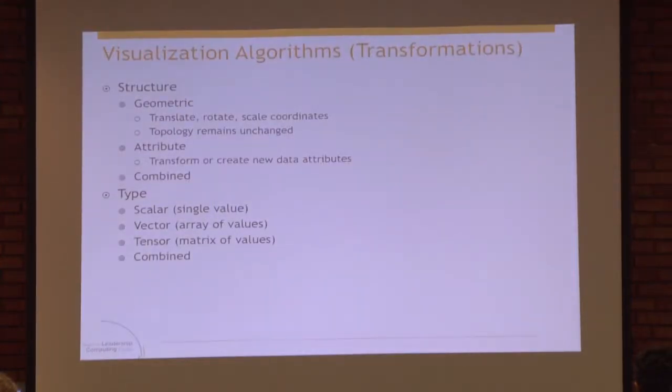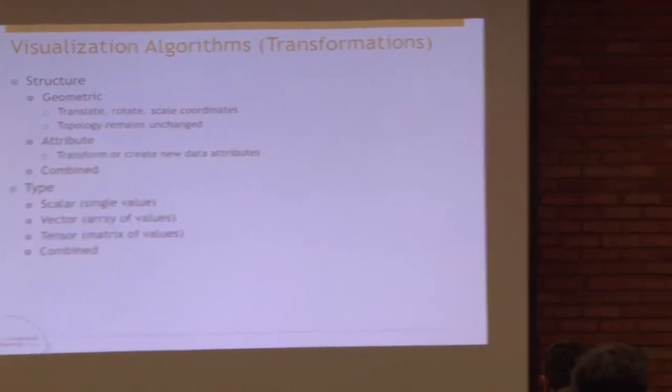Now, changing gears a little bit, I want to talk about data organization and different ways of categorizing how you're going to do visualization. One way to think about visualization is that you're transforming your data, right?